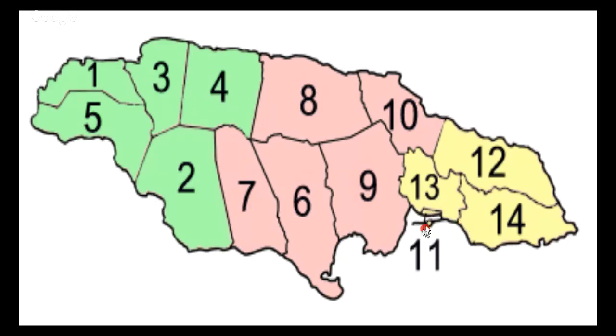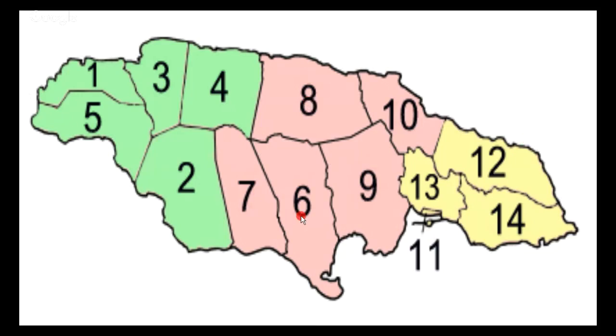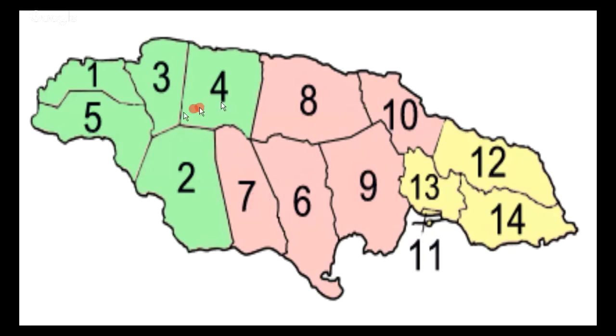And 11 would make up. Parish number 8, 7, 6, 9, and 10 would make up what county? Middlesex. What about 1, 5, 3, 4, and 2? Cornwall. All right, let's do this quickly. Parish number 1 is what? Hanover. Parish number 5.